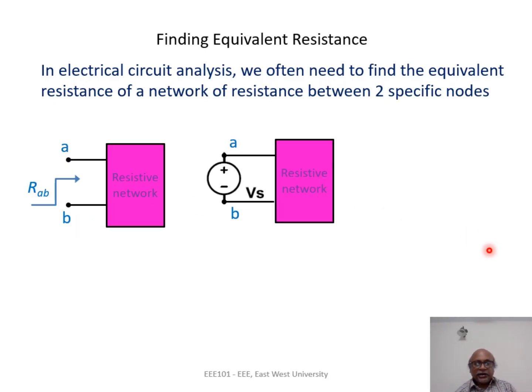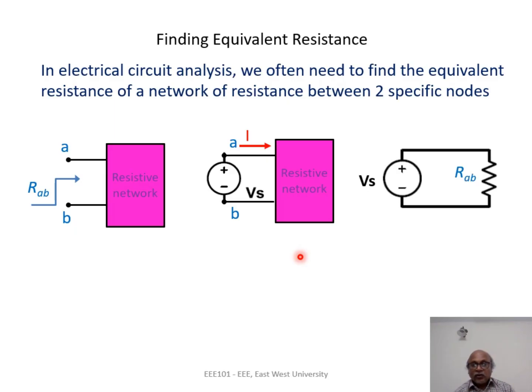If we connect this network across a voltage source with value Vs, a certain current I will flow through the network. Now, equivalent resistance RAB is that resistance which, when it replaces this resistive network, is such that the current from the voltage source I remains the same.